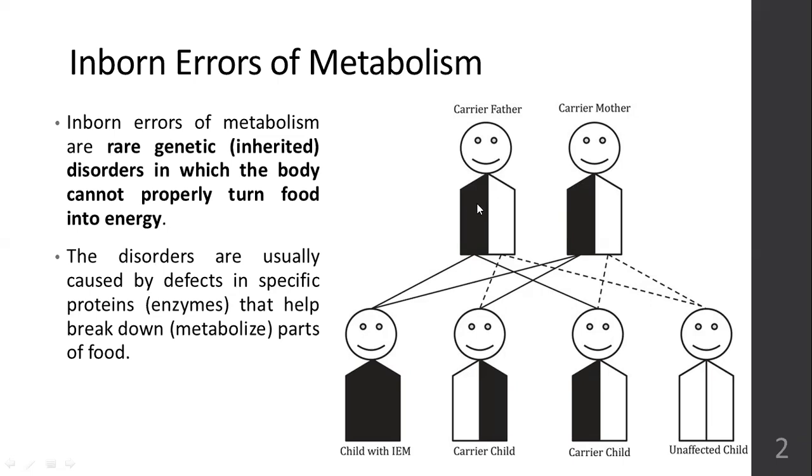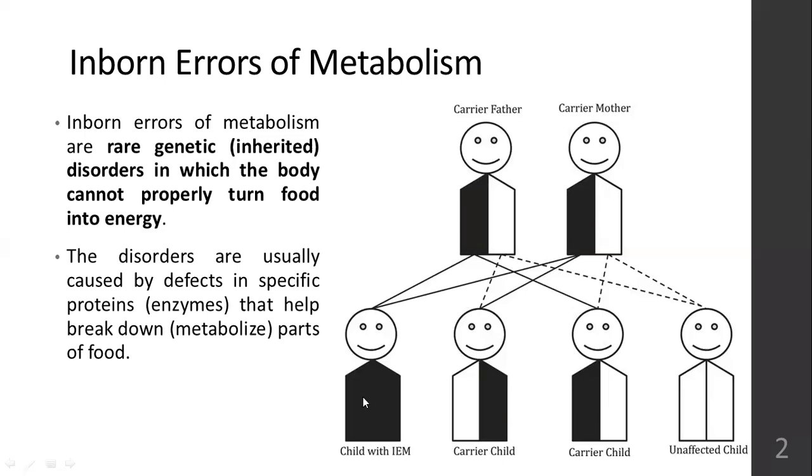So here you can see both the parents. This black part means the parents have the genetic trait of certain diseases, but they themselves don't have the disease. They have the capacity to bring it forth into the next generation. They themselves are not suffering. When they reproduce, there are four potential chances: either to have an unaffected child, or children who are carriers of certain diseases.